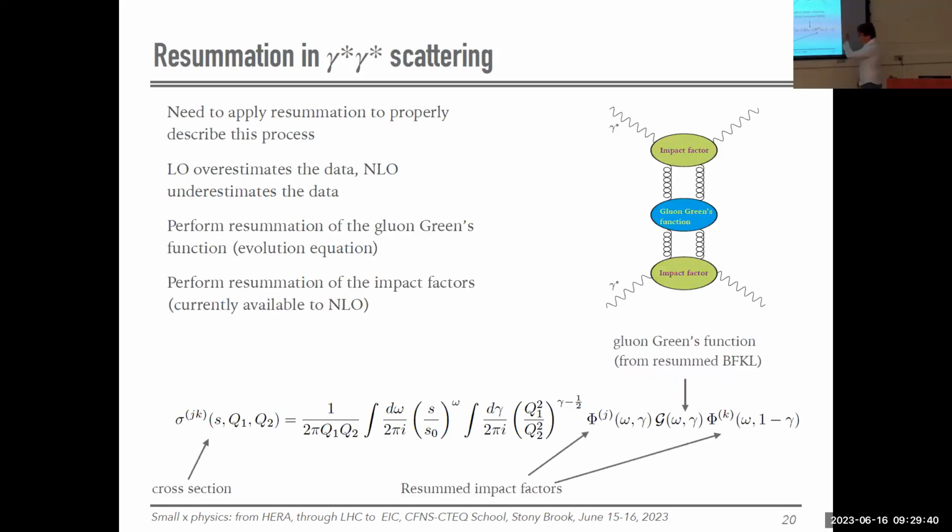Now we have recently calculated this process using resummation. I don't want to go into details of that, but we put in the gluon Green's function, which was resummed, something that we talked about yesterday, but also impact factors that we need to resum. So this is a full calculation, and we computed this cross section and compared it with the data.